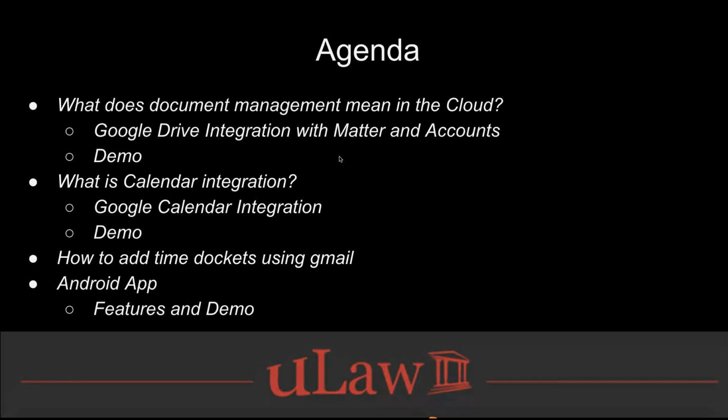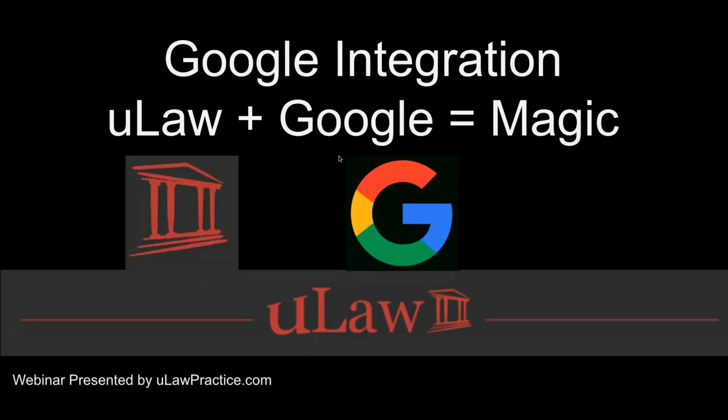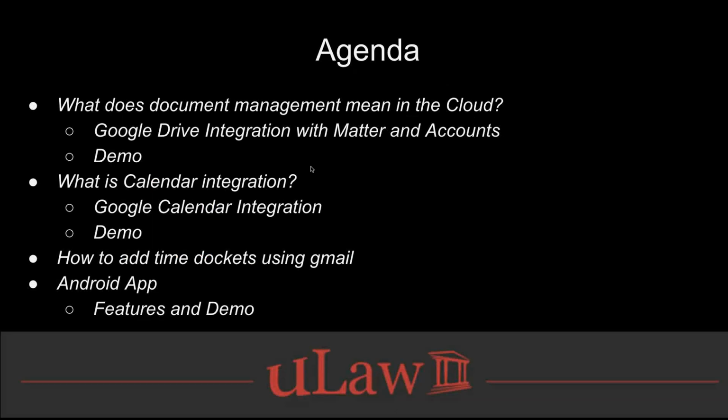Another one is how to add time dockets using Gmail. So your time dockets is nothing but integrating your Gmail with uLaw, and you can docket any emails read, any emails sent appropriately into your respective clients and matters as a docket. And last but not the least is the Android app.